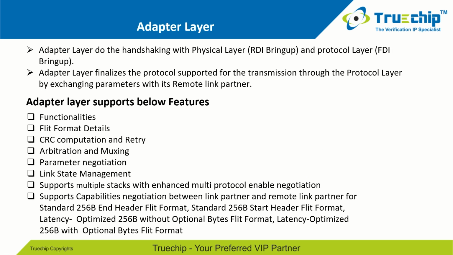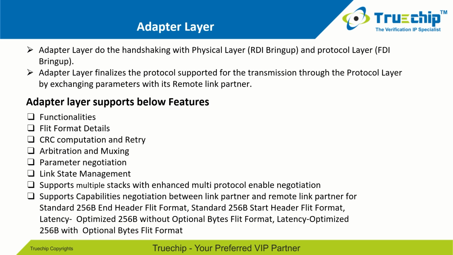The second component is the adapter layer, which does the handshaking with the physical layer, called RDI bring up, and with the protocol layer, called FDI bring up. It also finalizes the protocol supported for transmission by exchanging parameters with its remote link partner, which is another adapter layer.